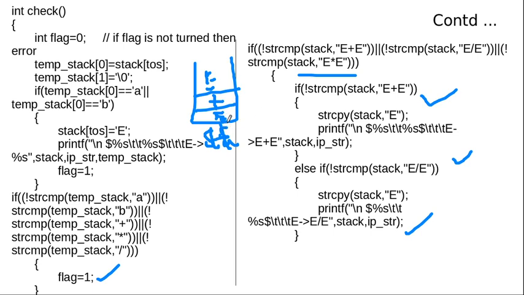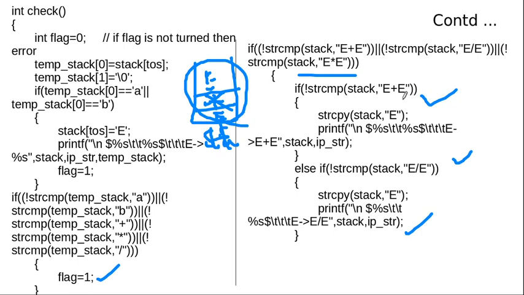So my stack is compared with the E plus E string, or my stack can be compared with the E star E string, or my stack can be compared with the E bar E. When these two strings are the same, we get 0, and not 0 in the sense true. When it is true, I am verifying which one it is.